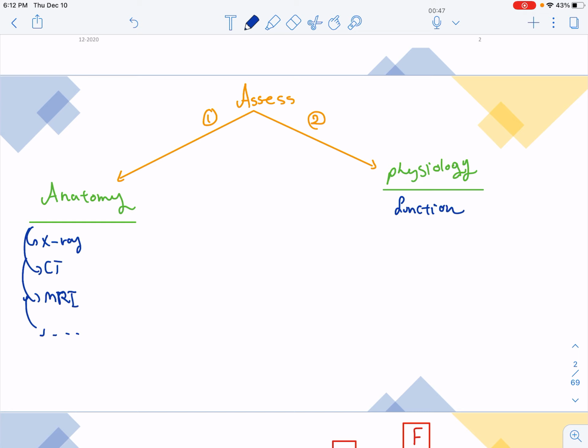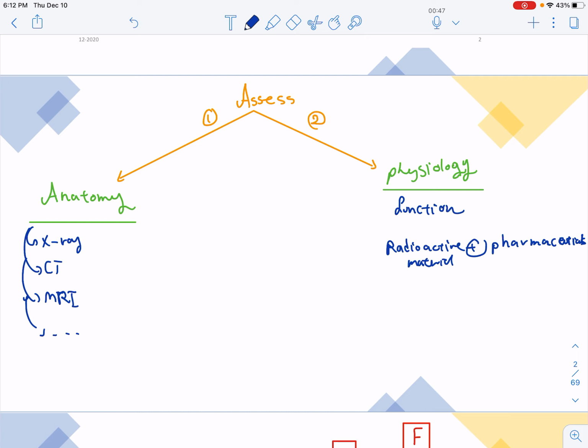Okay, and how can we do that? Basically, we are using radioactive material and we are using pharmaceutical material. Together we call it radiopharmaceutical.